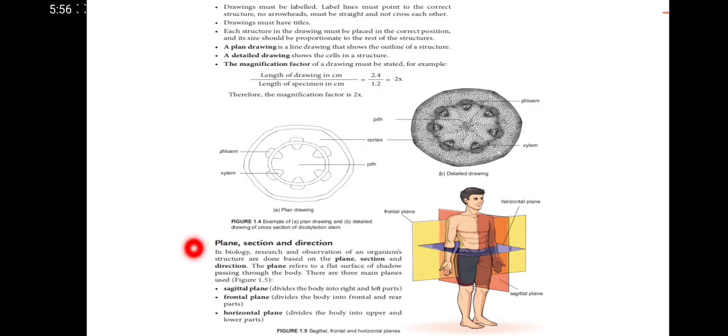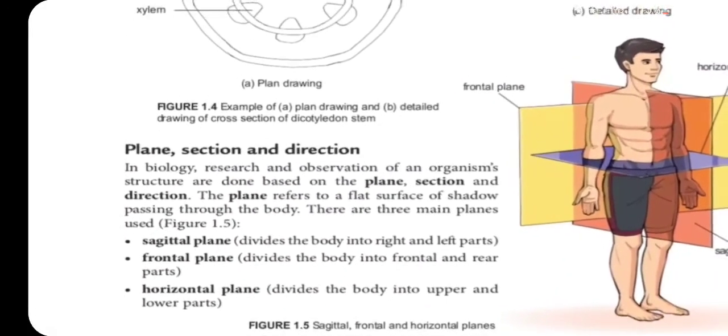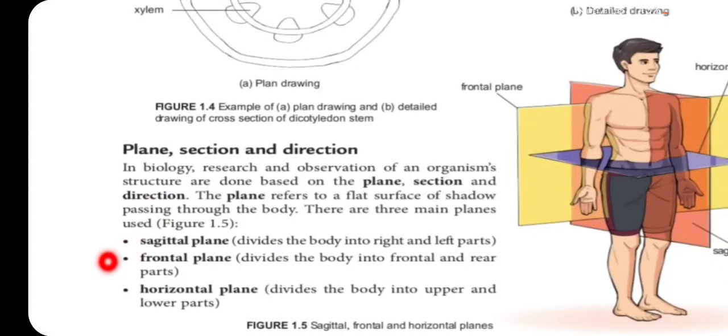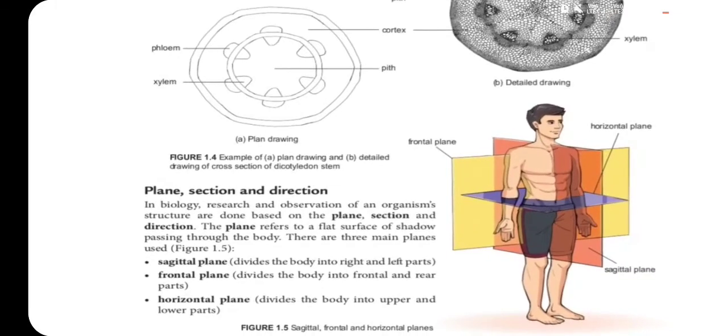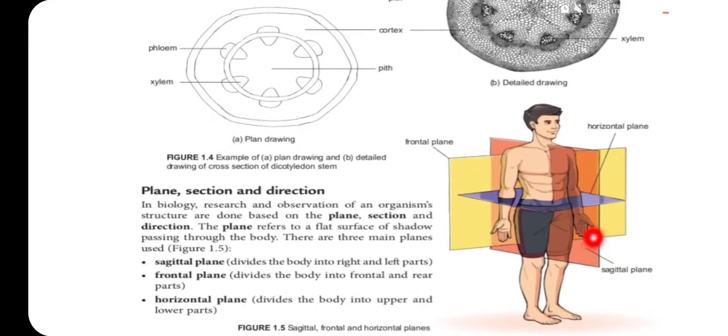Plan, section and direction. So kita ada 3 jenis main planes. Okay, we have sagittal plane, frontal plane, horizontal plane. So sagittal plane yang warna orange ini divide the body from right to the left. Divide body into right and left parts.